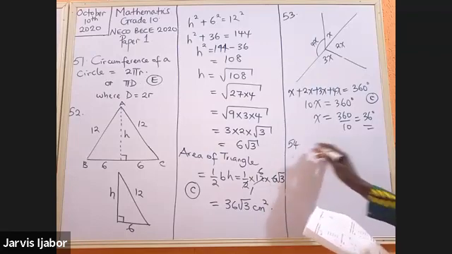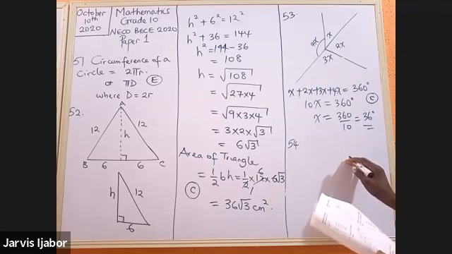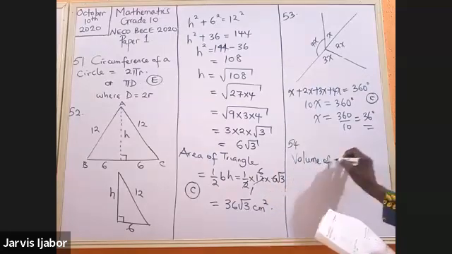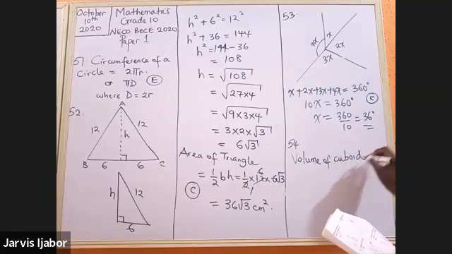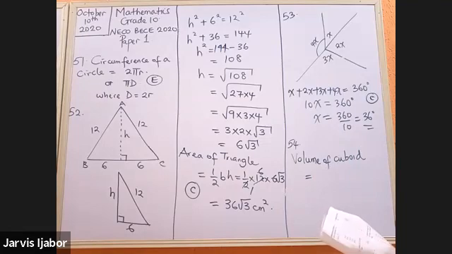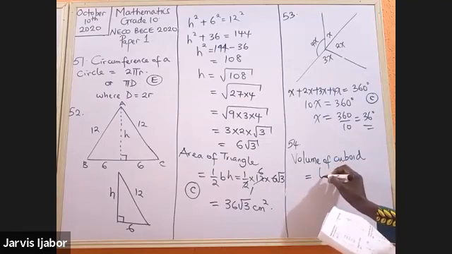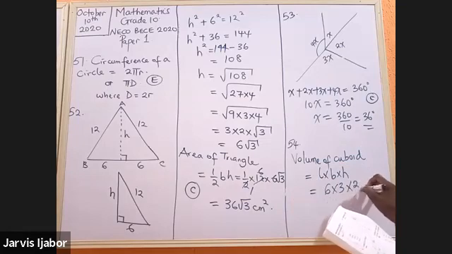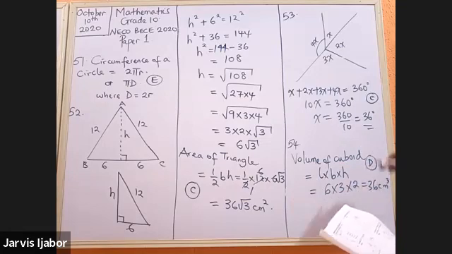It will mean that volume of cuboid will be equal to length times breadth times height, which will be equal to 6 times 3 times 2. And that will give me 36 centimeter cube. And that option will be D.